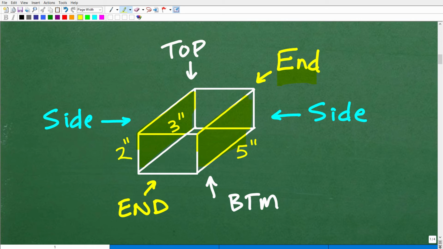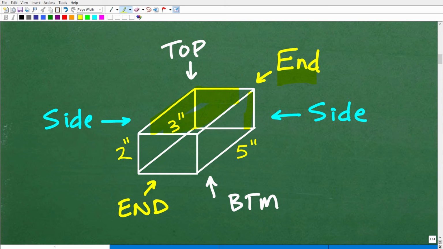And let's see what the dimensions are of this side. Matter of fact, why don't you tell me what you think the dimensions are? Well, if you look here, it's going to be 5 by what? 5 by 2. Okay, so here is the height. So you remember this is the height, and then we need this length. So this is going to be a 5 by 2. And then we have the what? Well, we have these tops and bottoms.